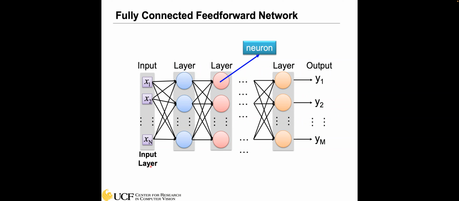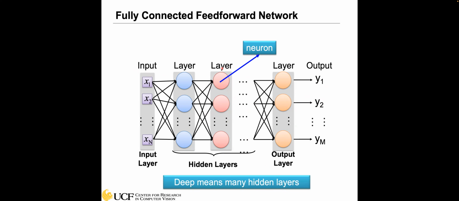So we have this input layer, and we also have this output layer, which we consider the last layer, your desired output. In between the input and the output layer, all these layers are hidden layers. They do some magic here, mapping your input to some output.